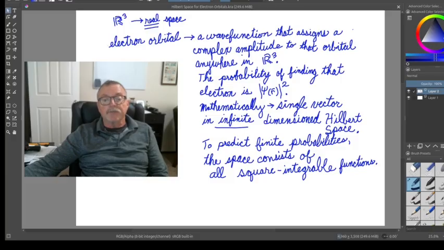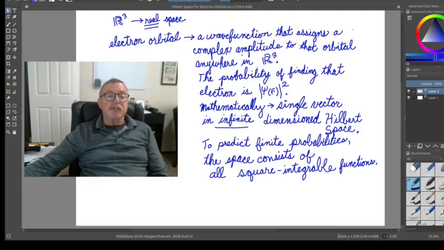Now, to predict finite probabilities, so that the probabilities aren't infinity or something like that, the space consists of, and this is the mind bender, this is the alphabet soup here, all square integrable functions.